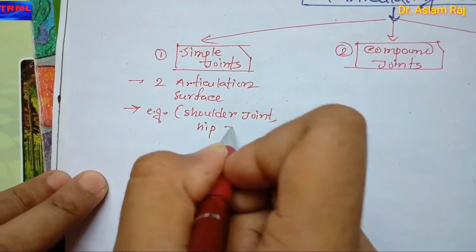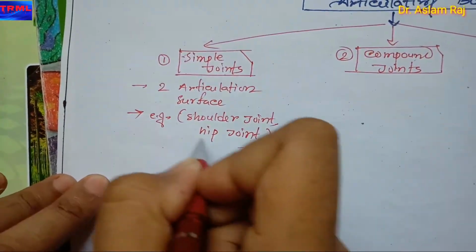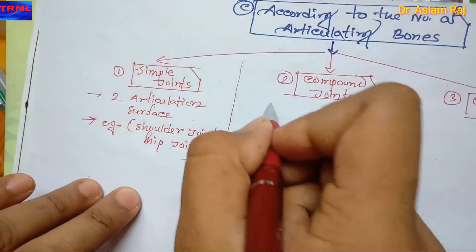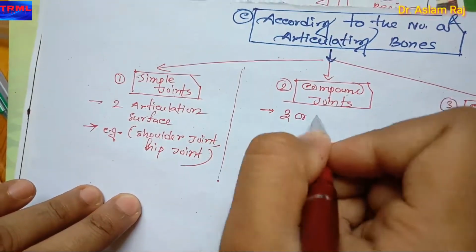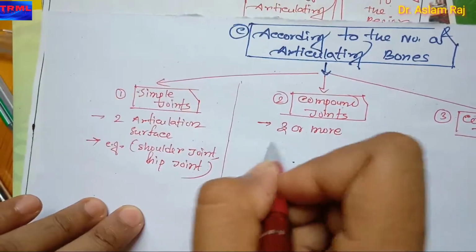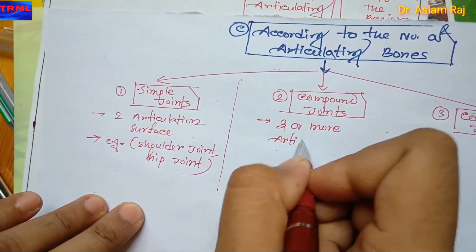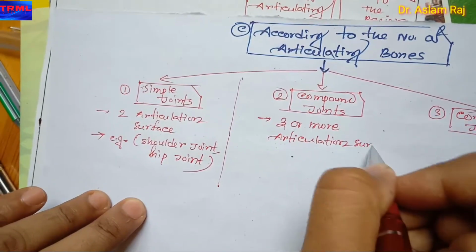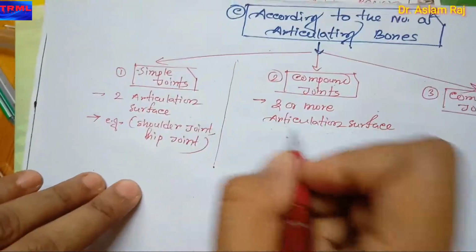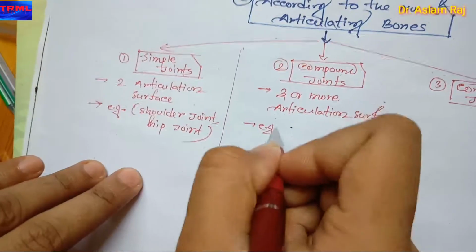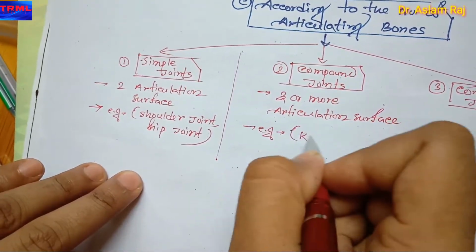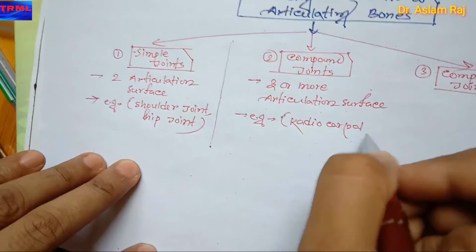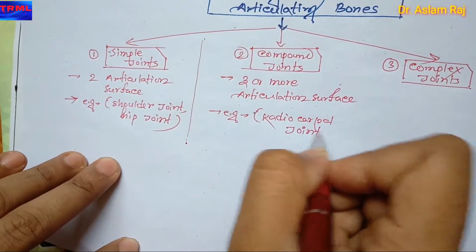hip joint. Next one is compound joints, three or more articulation surfaces. Example is radiocarpal joints.